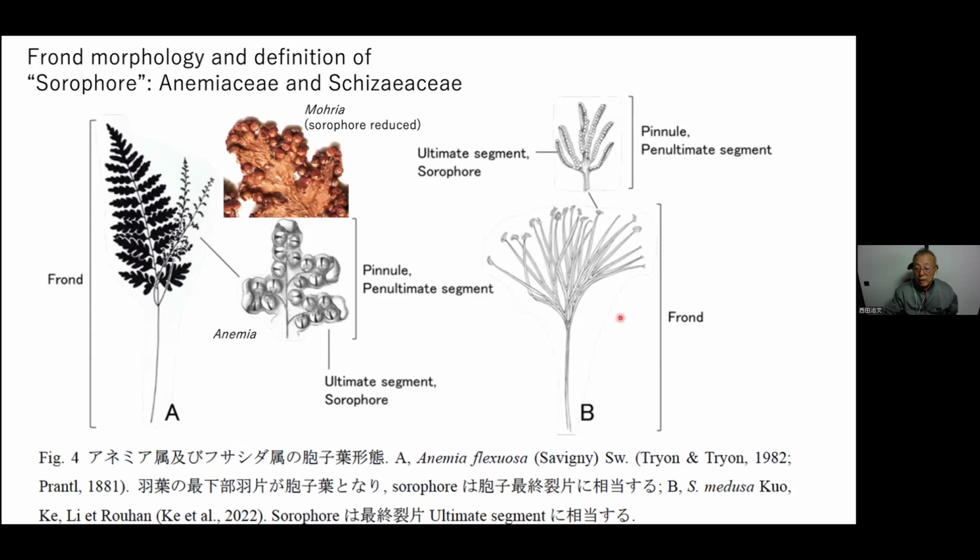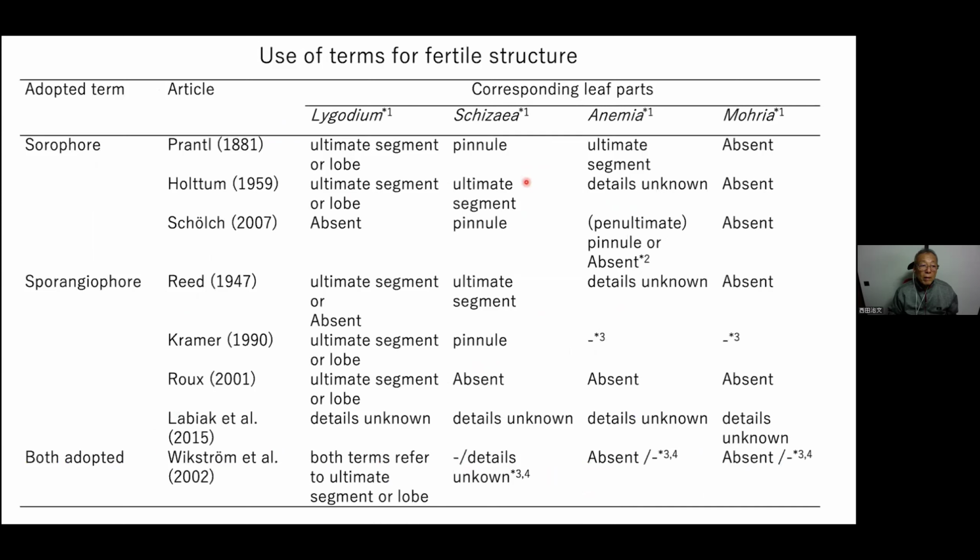And this is the Schizaeaceae, and they form an elongated structure. Here we call this structure also sorophore, the last one, this long one. And many different terms are adopted for the same fertile structures.